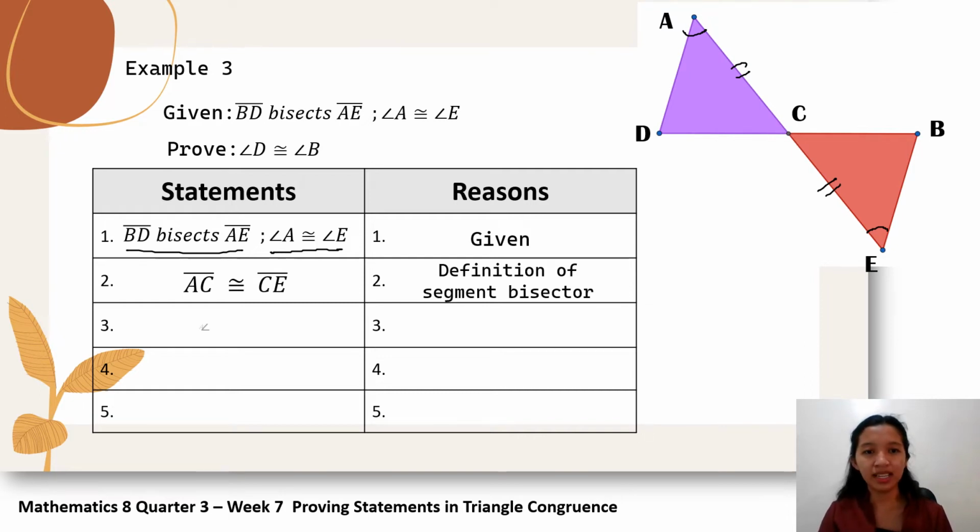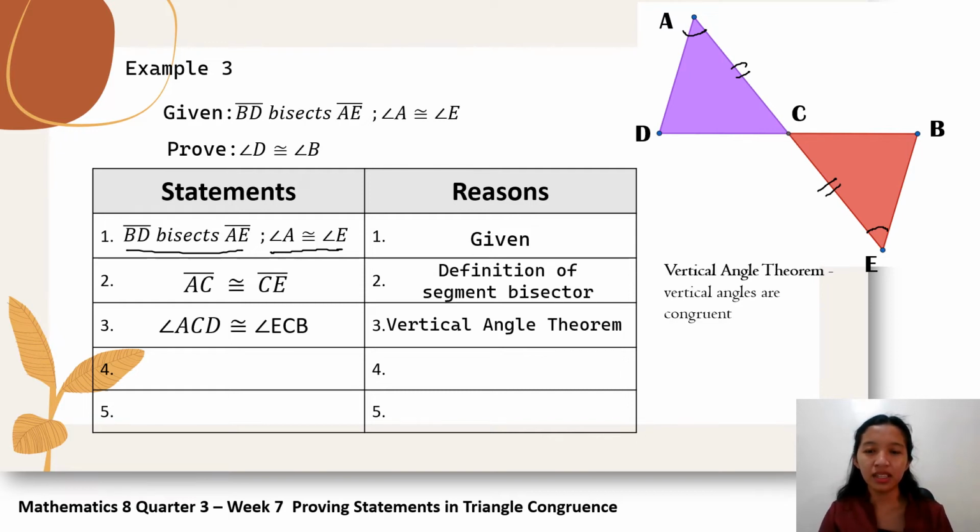So we can say that angle ACD is congruent to angle ECB. So what is our reason if there are vertical angles? Our reason for that is the vertical angle theorem. Okay, so the vertical angle theorem states that all vertical angles are congruent.